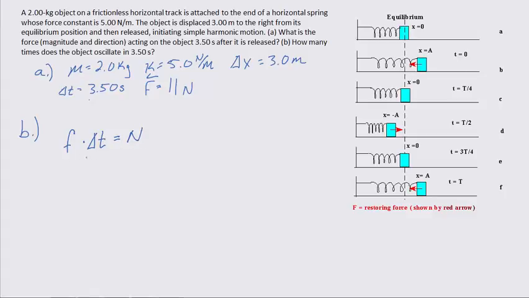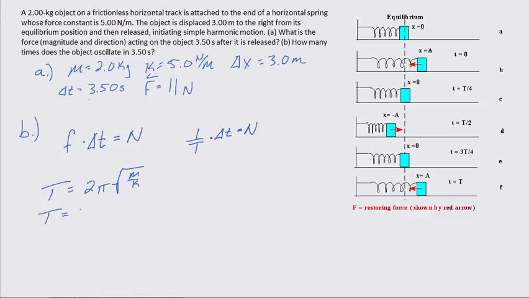Frequency is just the inverse of our period, so that times our time will give us our number of cycles. We know our time, we don't know our period, however, so we can use the equation that our period is equal to 2 pi times the square root of our mass divided by our spring constant. Our two variables are known, so we can solve for our period.